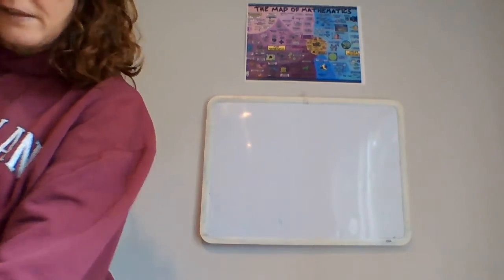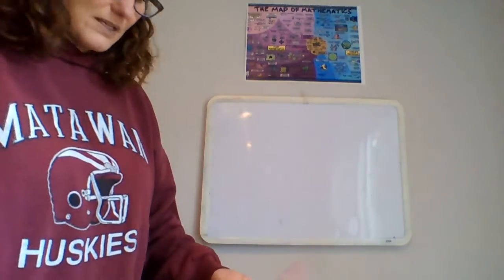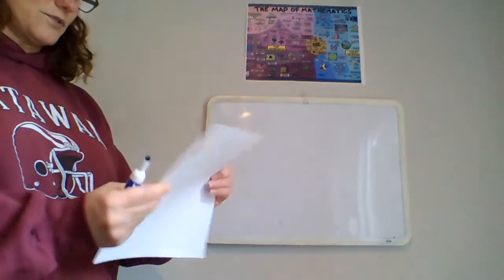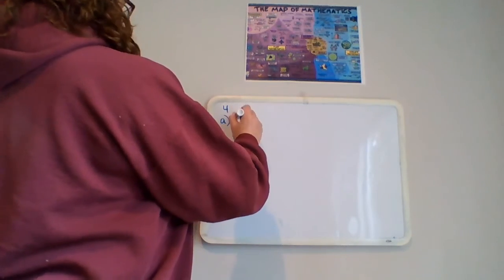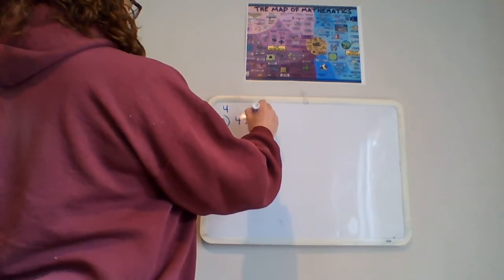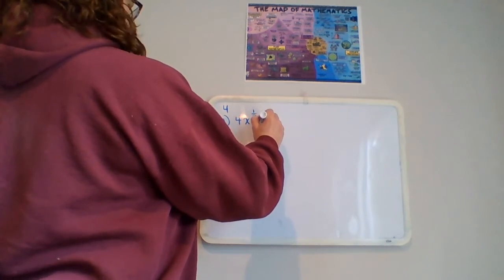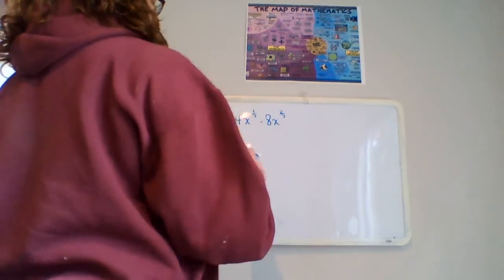And we're mathing. So for example 4, you-dos, we have 4x to the 1/7 times 8x to the 2/7.